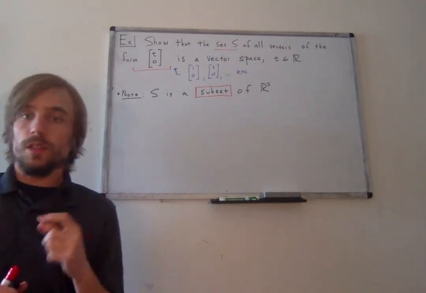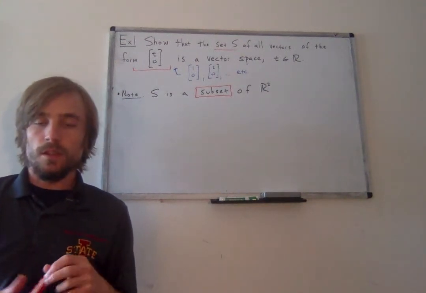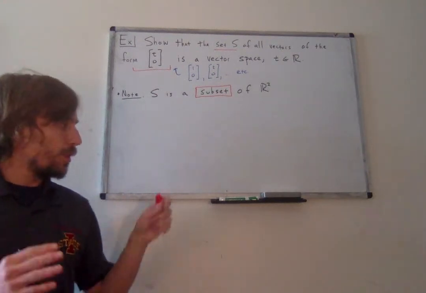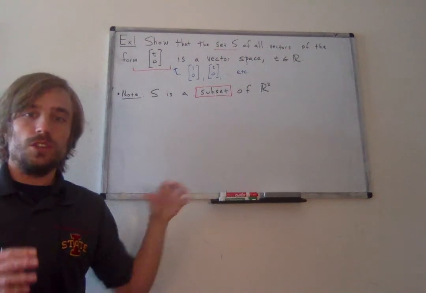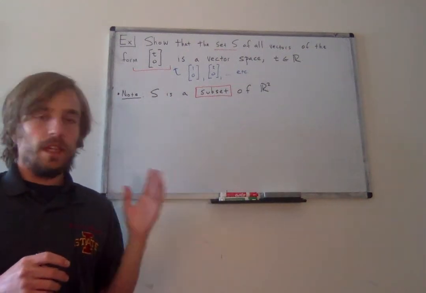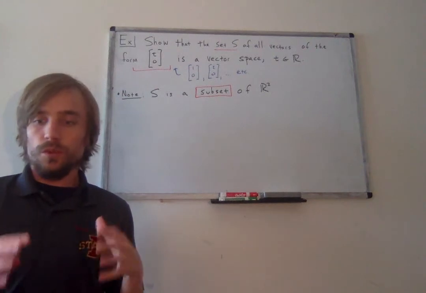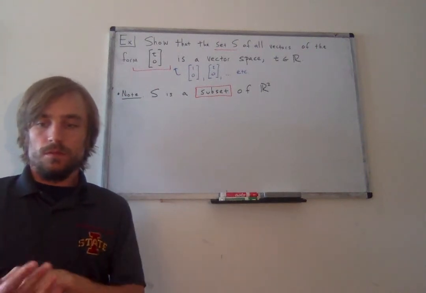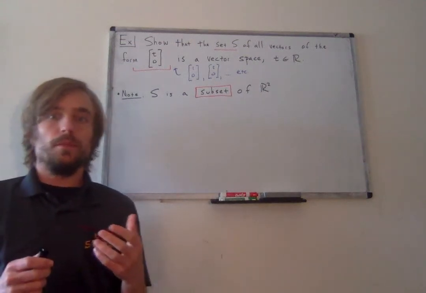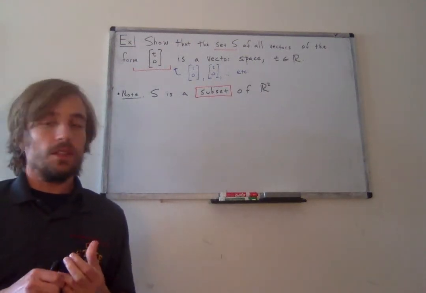So we want to show that this is in fact a vector space. But I don't really like checking 10 principles every single time I have to show something is a vector space. So here, I'm going to argue that we actually don't need to verify all 10 things about this vector space.